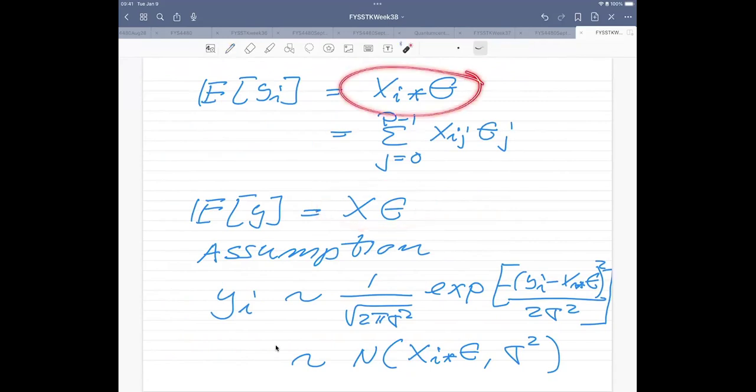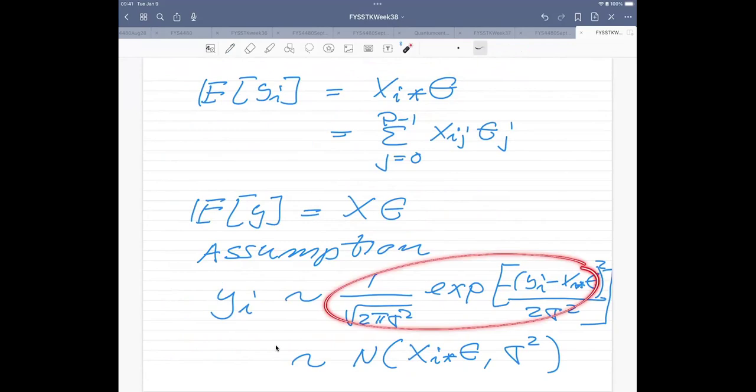For each individual one, it's given by that specific component in your design matrix times theta. So instead of having 0, which you had for epsilons, you now have a distribution which contains this mean value. So every single y_i is now given by this distribution here.